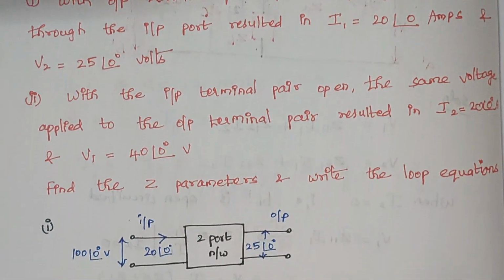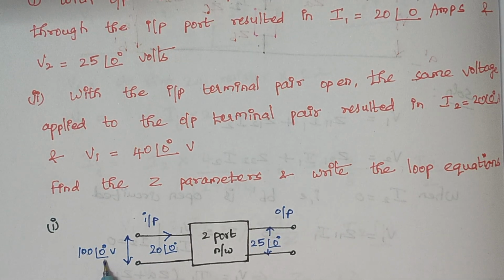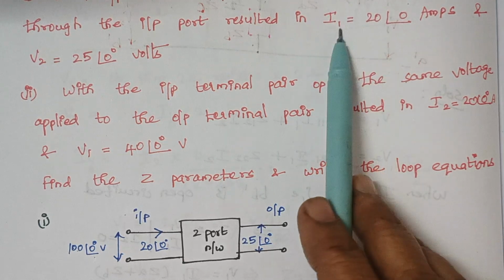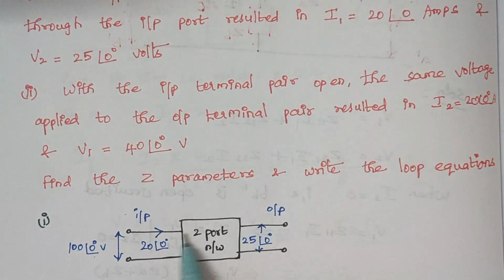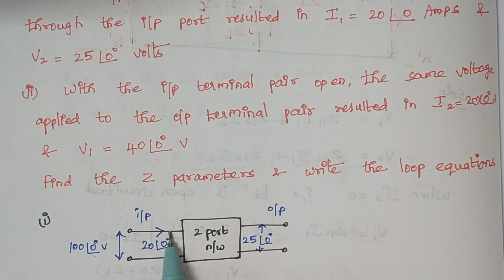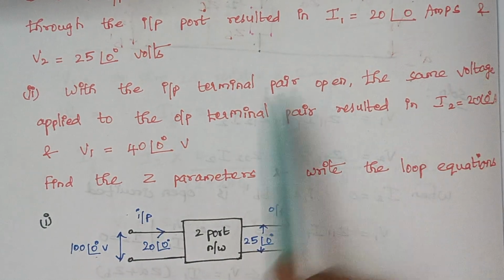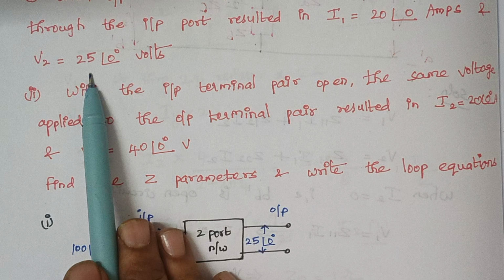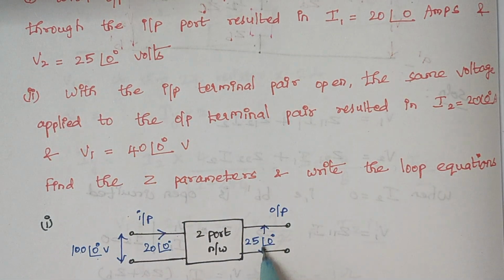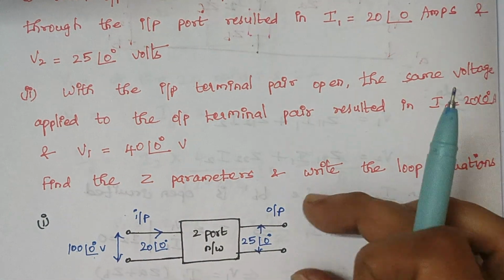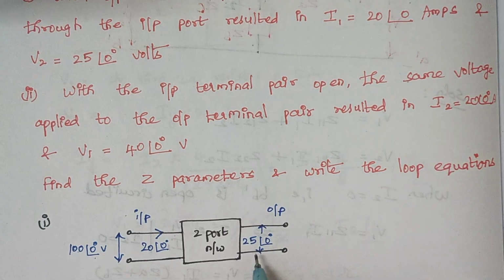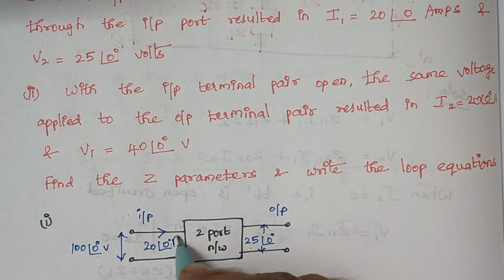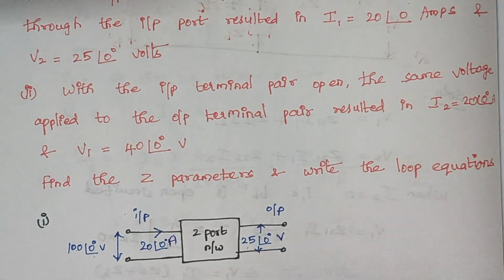So here the input voltage is 100 with 0 degree. And it results in the current I1. I1 value is 20 amps. This creates some voltage V2 which is equal to 25 volts, the voltage across the output port. Understand? This is your amps and this is your volt.